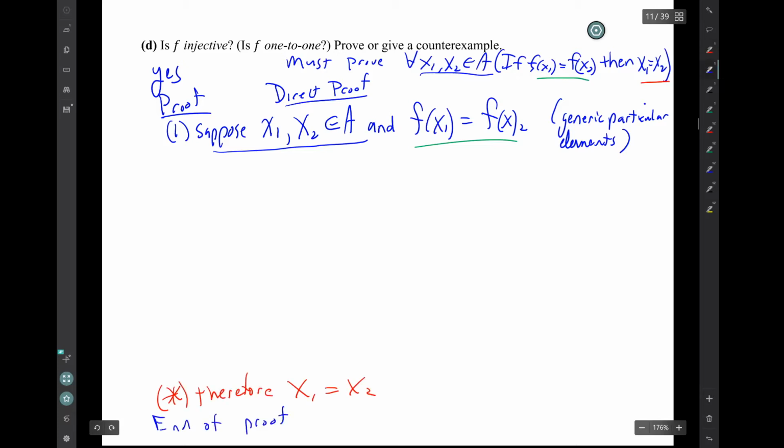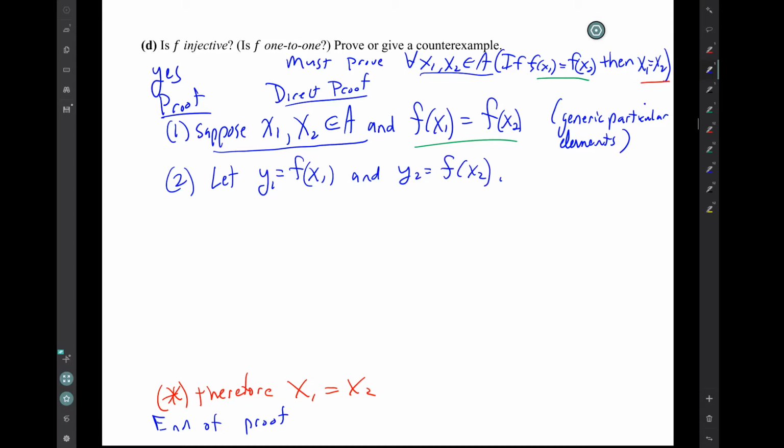All right, let's work forwards from the first statement. Since f of x1 equals f of x2, and I've got a typo here, this should say f of x subscript 2 and then parentheses. Since that equation's true, let's introduce letters to represent those terms. Let y1 be f of x1 and y2 be f of x2, so that means that y1 equals y2.